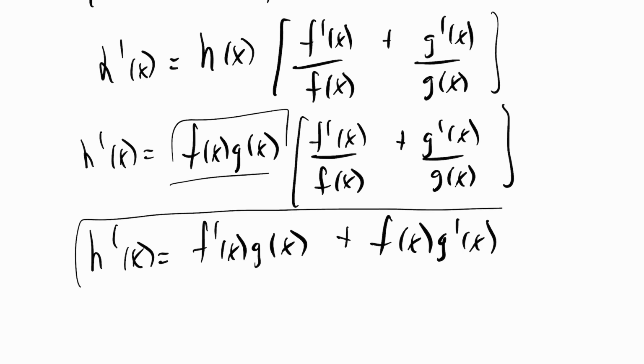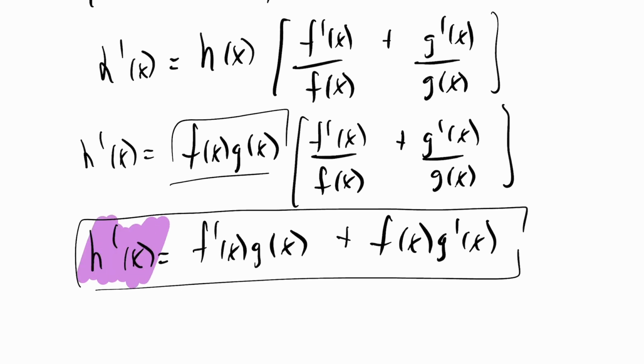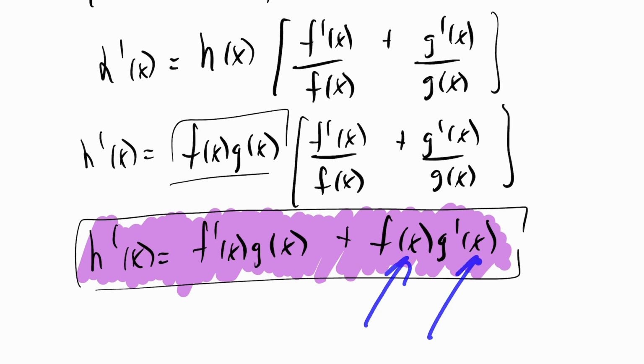And that is exactly our product rule. The derivative of the product of two functions is going to be here. I've got it written the opposite way in my initial definition, but they're equivalent. It's going to be equal to your first times the derivative of the second plus your second times the derivative of the first, and you have your h prime at x.